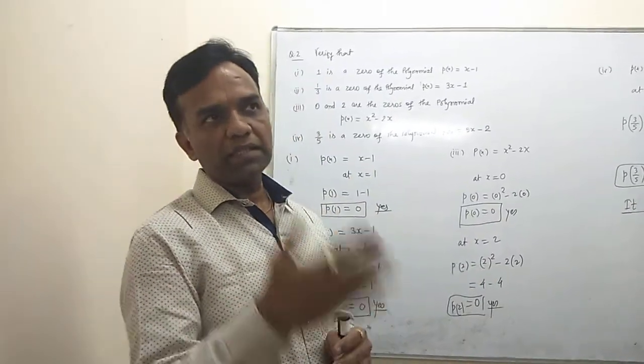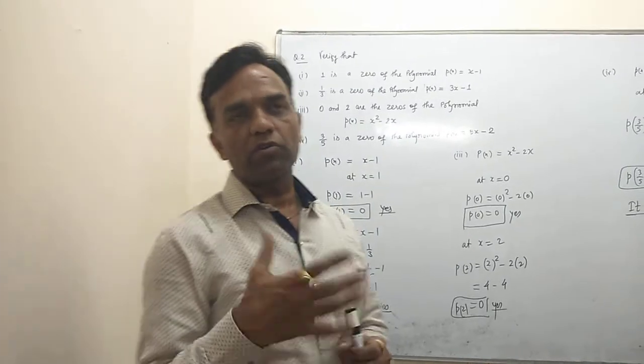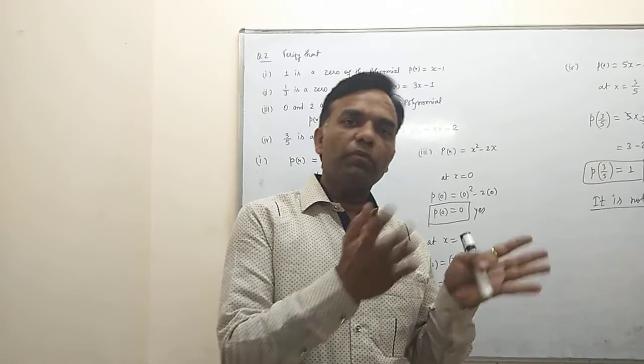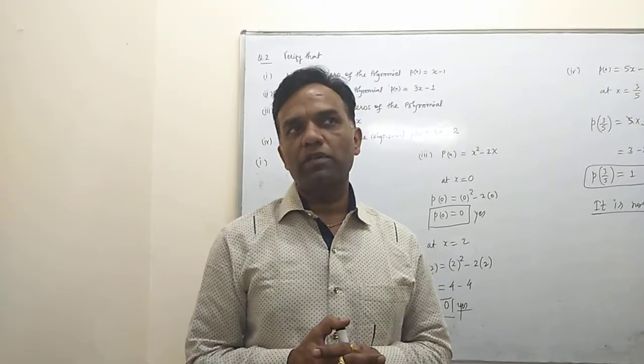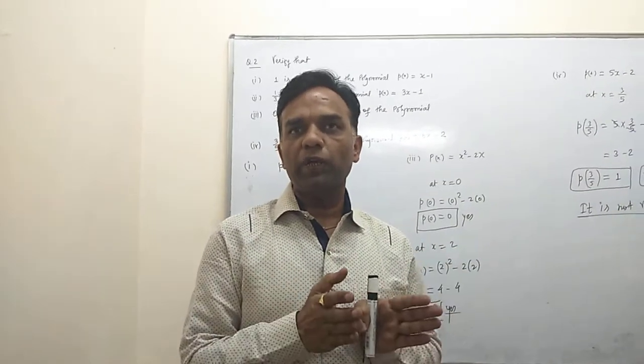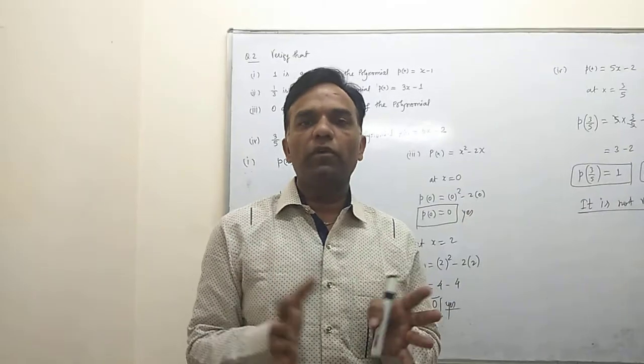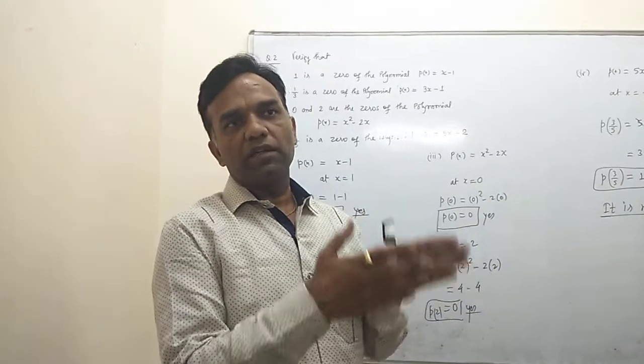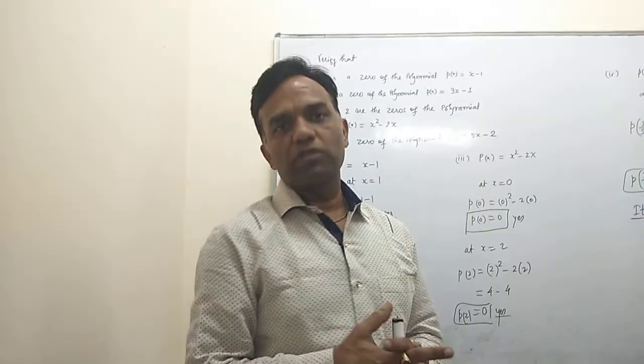Then the next concept is the zeros of the polynomial, which comes from the value of the polynomial. When you substitute the value and the whole value of the polynomial is 0, then the given value is called the zero of the polynomial.